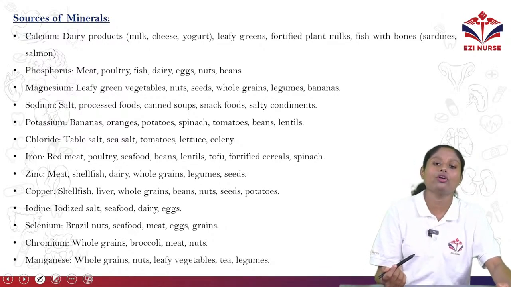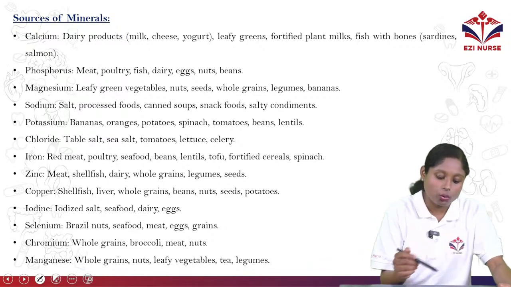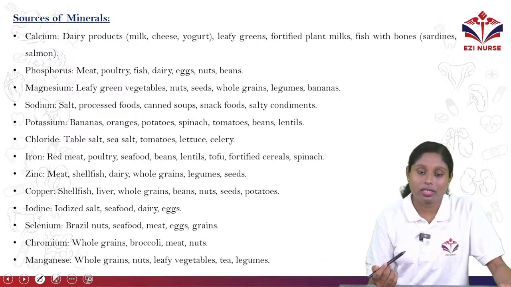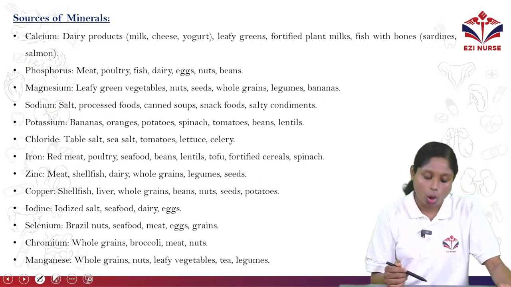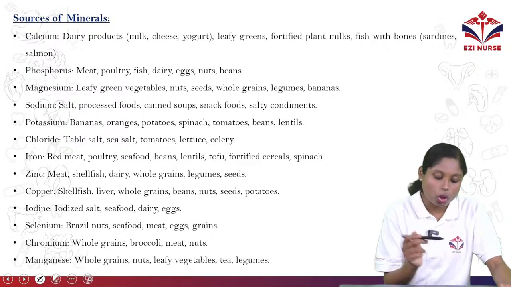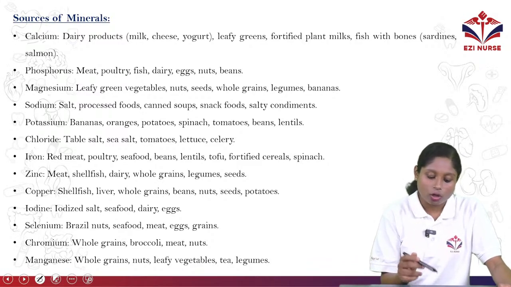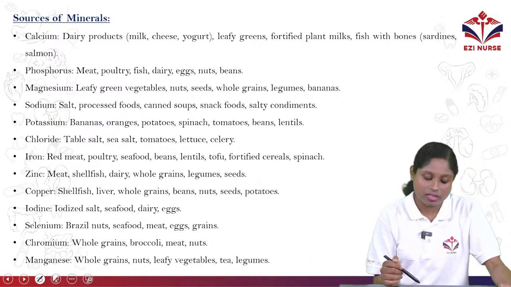Sodium: table salt, processed food, canned soups, snack food and salty condiments. Potassium: banana, oranges, potato, spinach, tomato, beans and lentils. Chloride: table salt, sea salt, tomato, lettuce and celery.